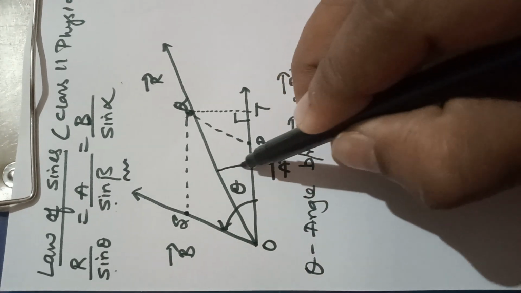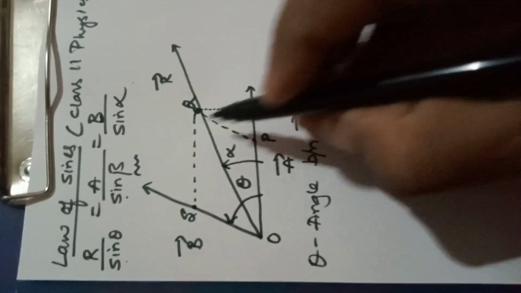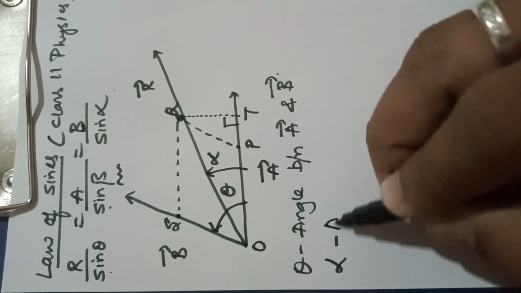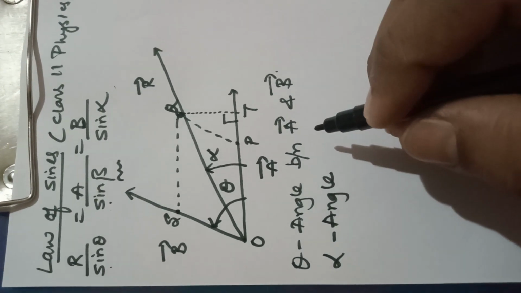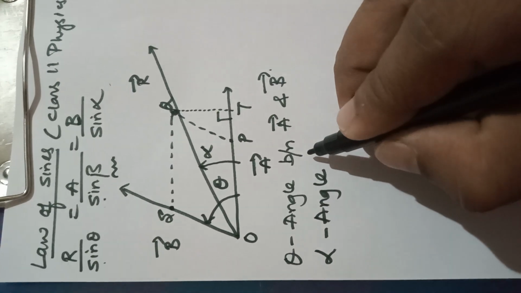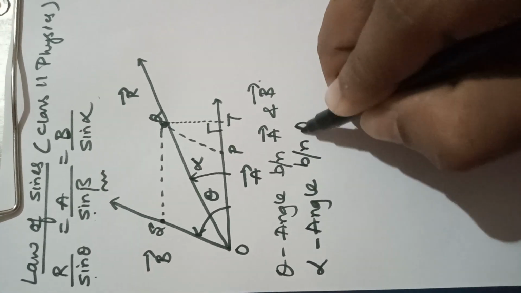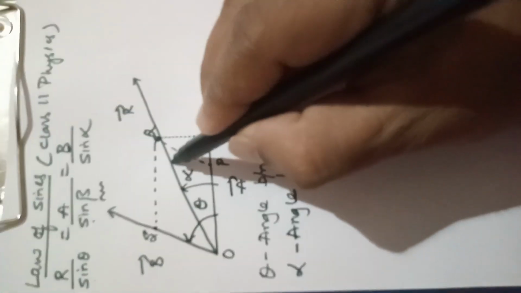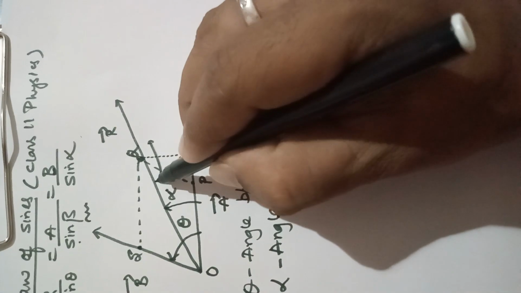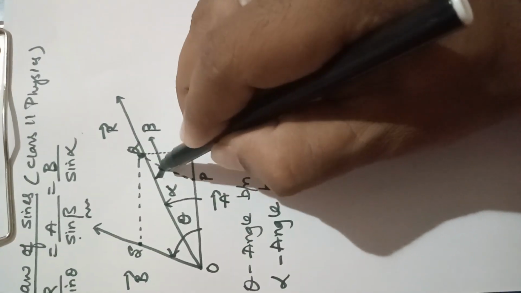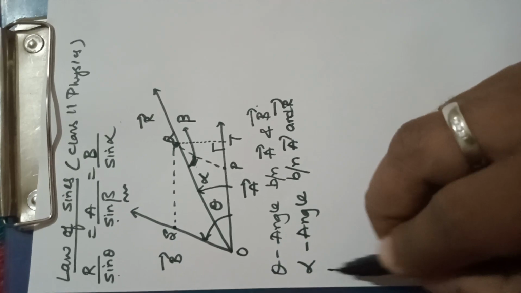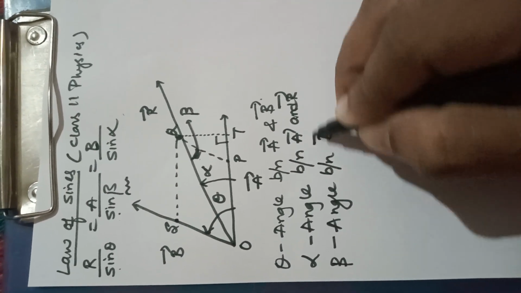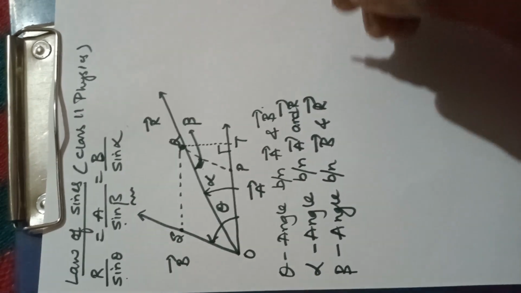Alpha is the angle between vector a and the resultant vector r. Now what is beta? Let's mark this angle as beta, this angle as beta. Beta is the angle between vector b and resultant vector r.